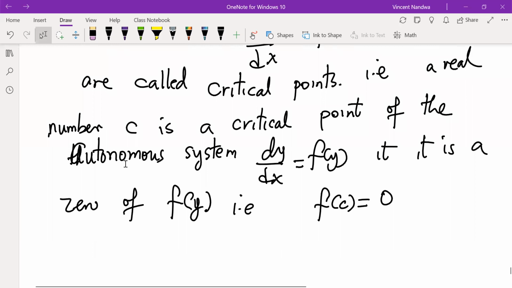Critical points are also called equilibrium points or stationary points.